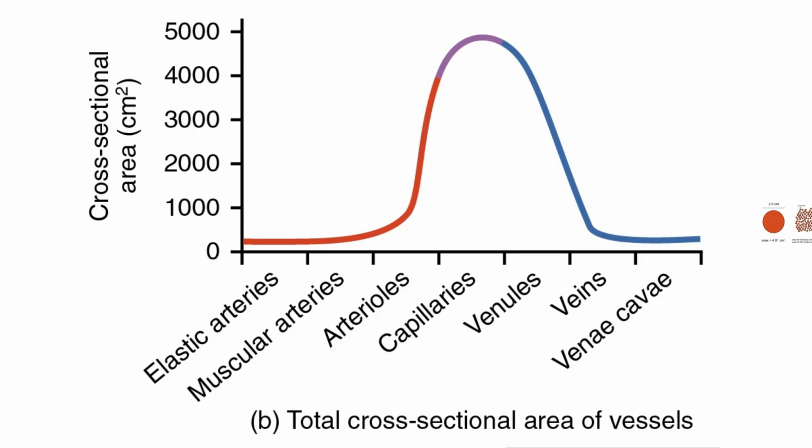And we see that the greatest cross-sectional area across all the vessels is actually in capillaries. There's so many capillaries. Even though their diameter is practically 0, they add up across everything to make for a huge cross-sectional area. And then that area drops down again as we go into fewer and fewer veins and finally into the single vena cava.